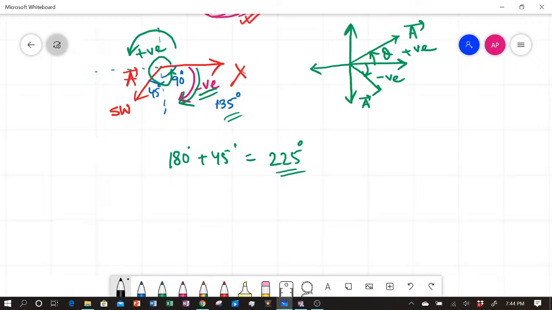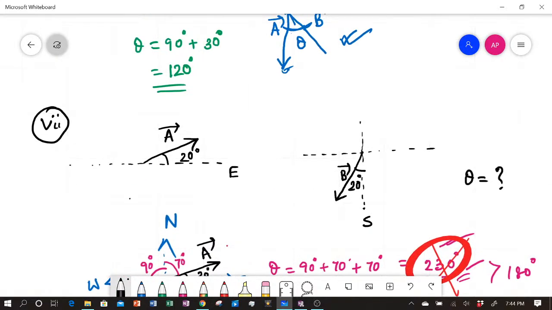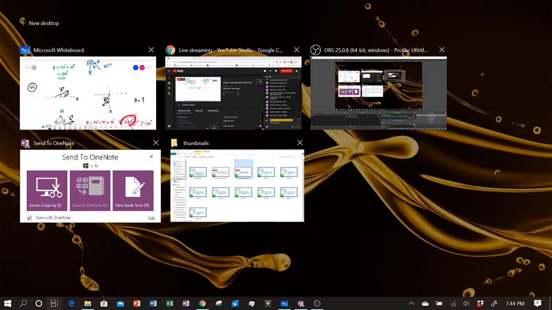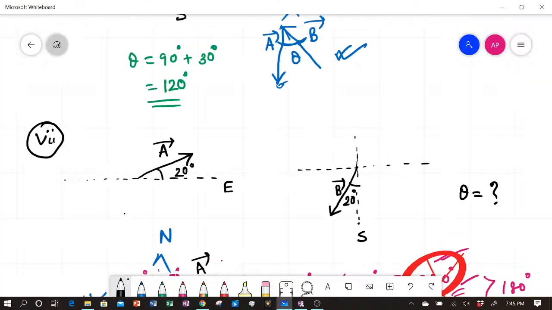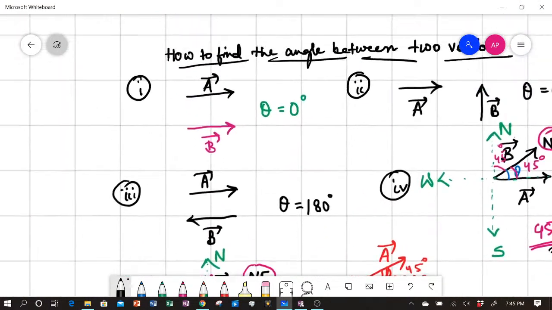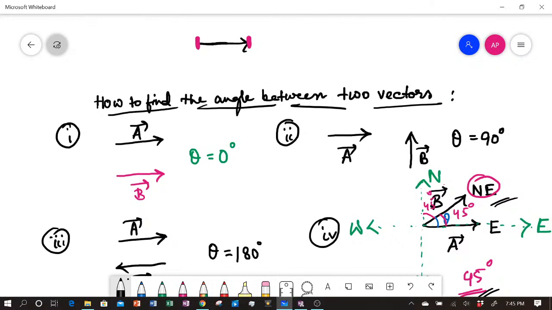Okay. So here we discussed how to find the angle between two vectors, right?